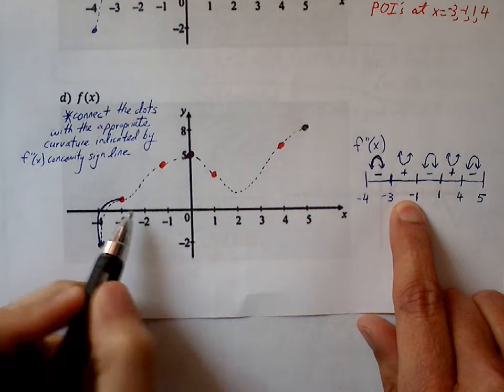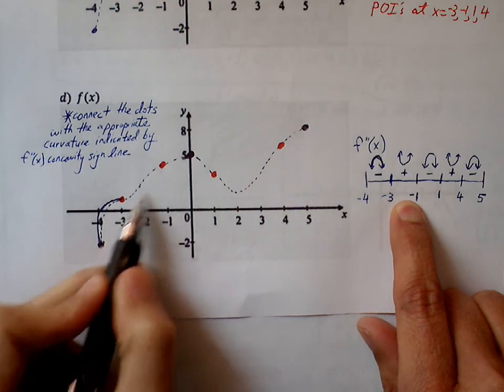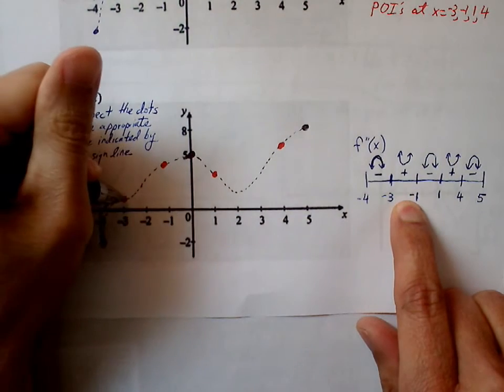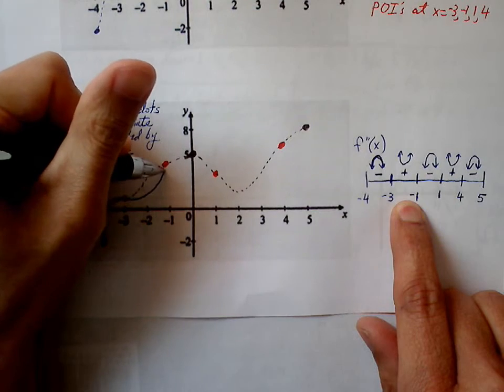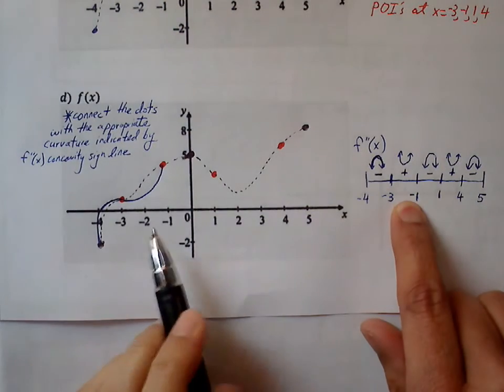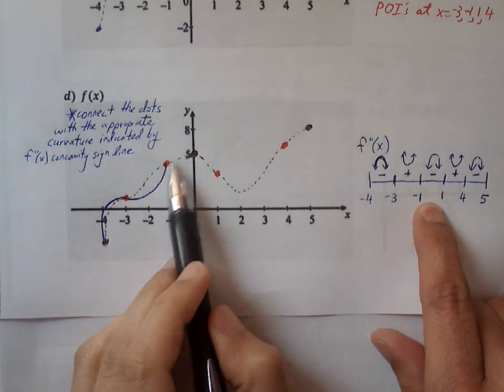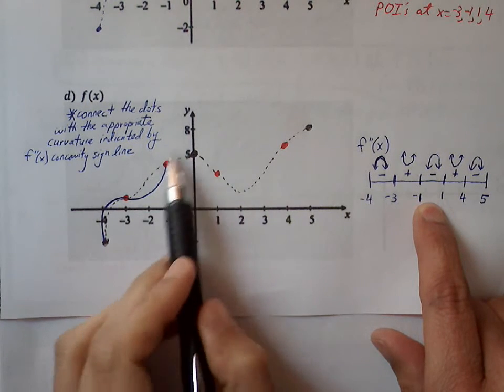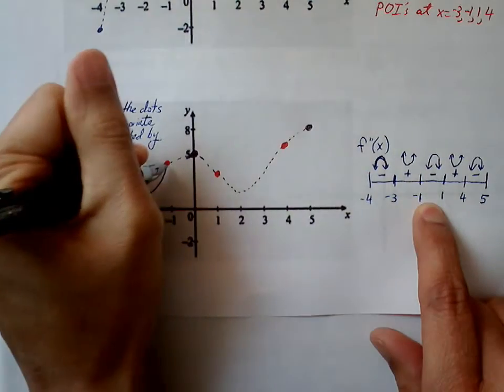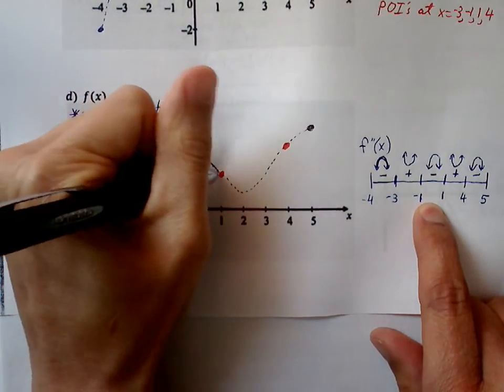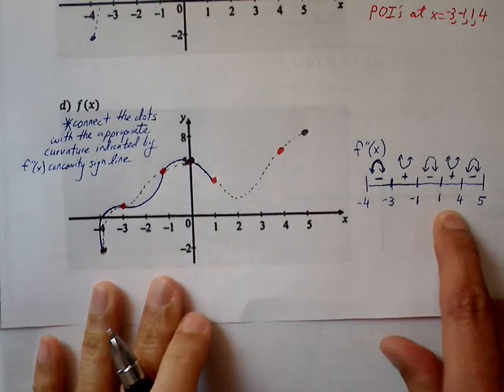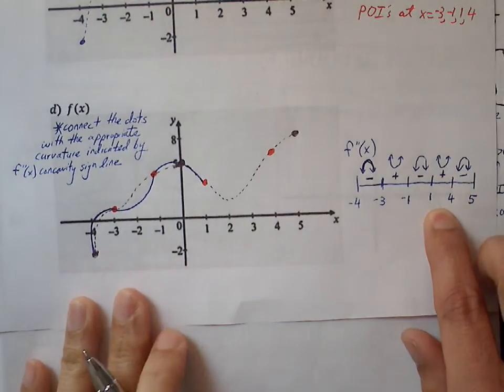And then from -3 to -1, I want this portion to be concave up. Okay. From -1 to 1, through 0, it's all going to be concave down. And then from 1 to 4, concave up.